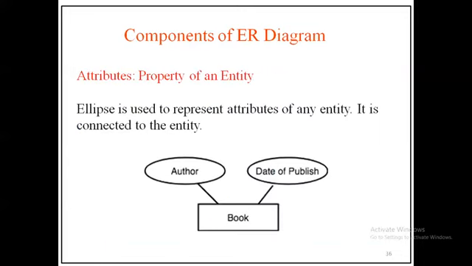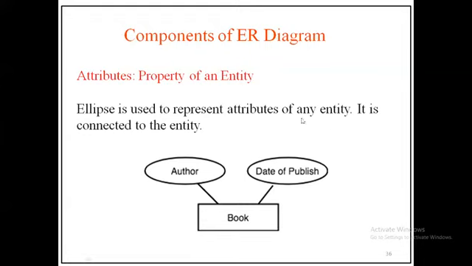Now the third one is attributes. A property of an entity is called an attribute. For example, student is there. What are the properties of a student? Hall ticket number, name, age, date of birth, GPA, marks. These are the properties of an entity.